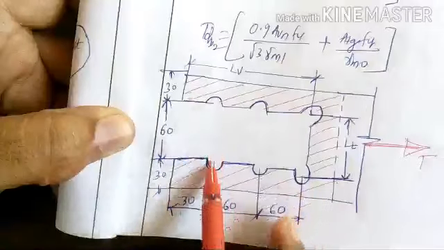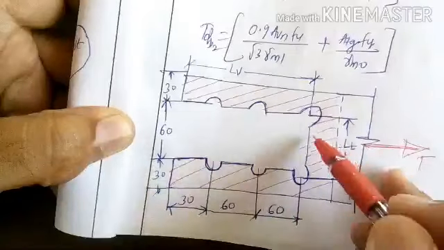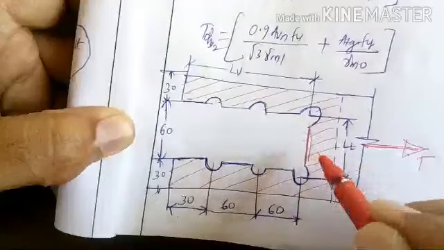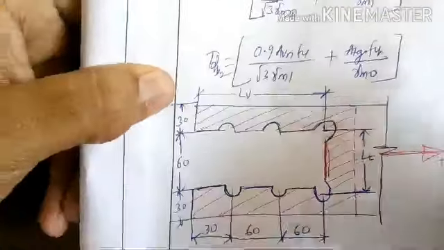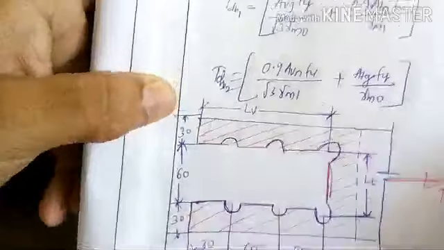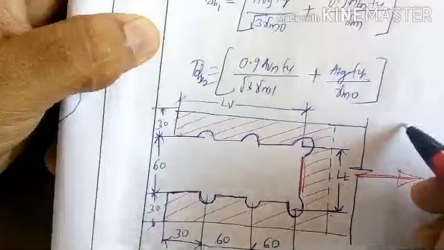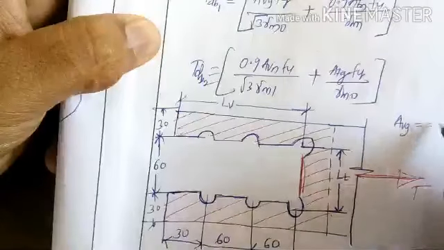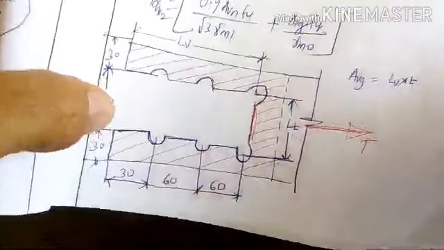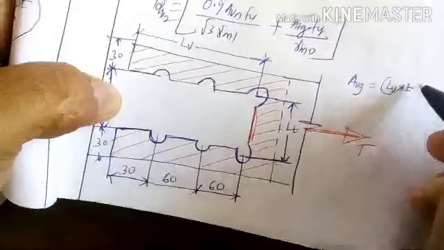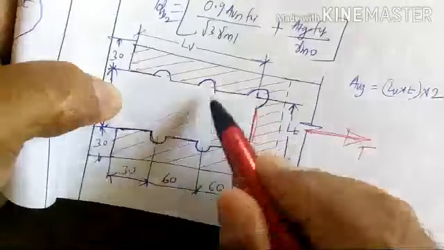It has failed on two sides. Perpendicular to the load is the length of the tensile area. Then AVZ will be LV into thickness into 2. Why 2? Because of the two sides.